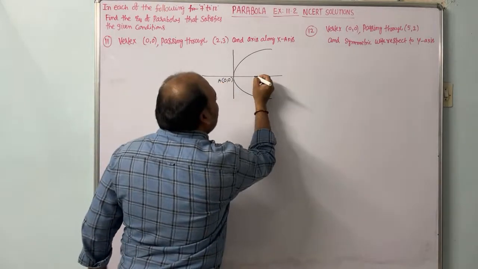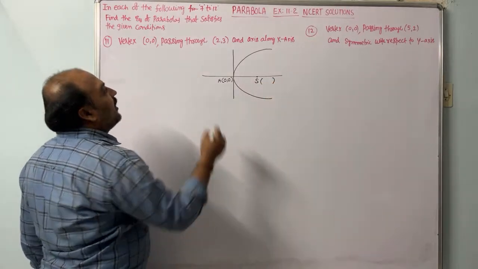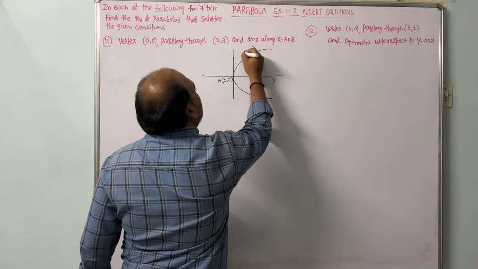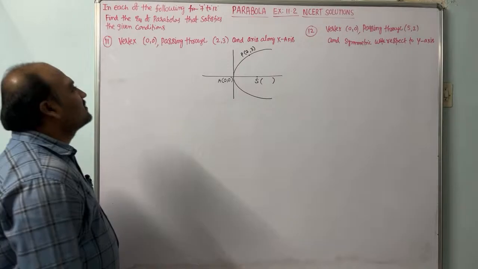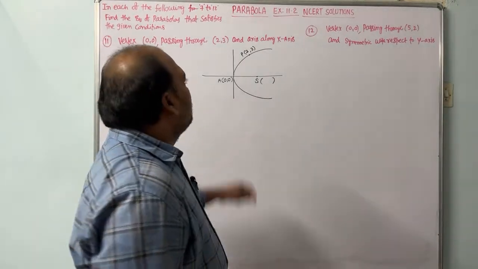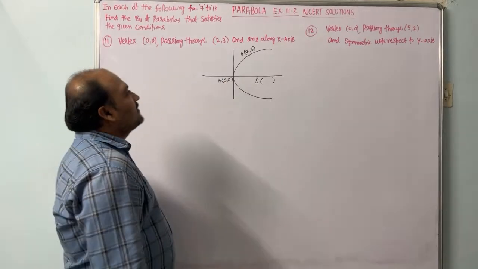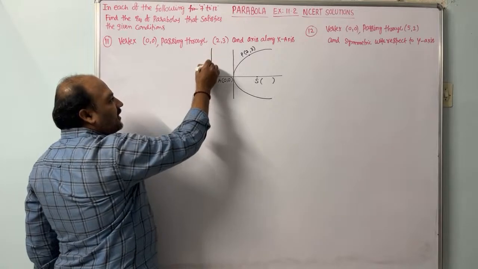They did not give the focus. And it is passing through 2, 3, so a point is given. I hope you understand, dear students. And axis along x-axis they mentioned.